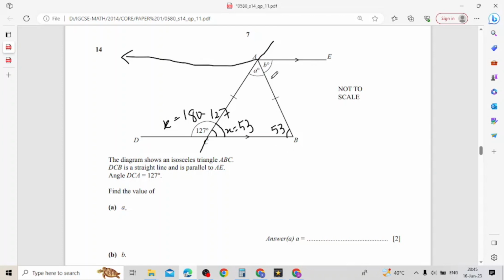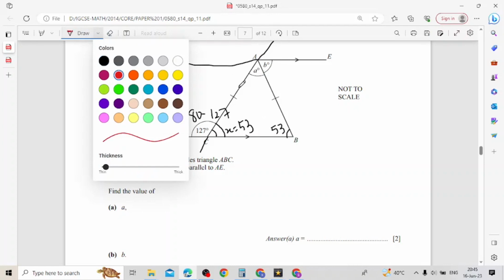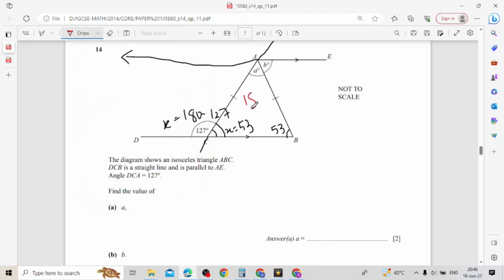Done. Now how to find A? A is left and we have a rule as well. The sum of the angles of a triangle is always how much? It is 180. The sum of the angles of a triangle is always 180. Now, to get this A, we will add these two angles and subtract that from 180, right?